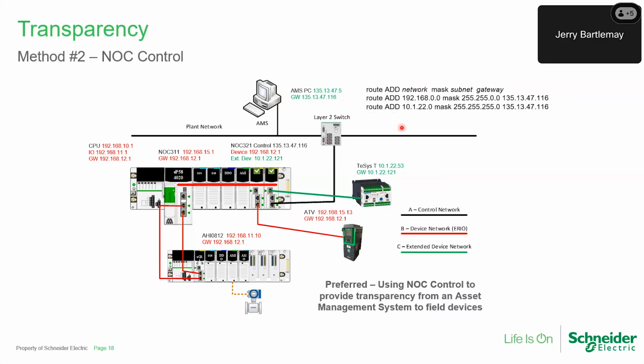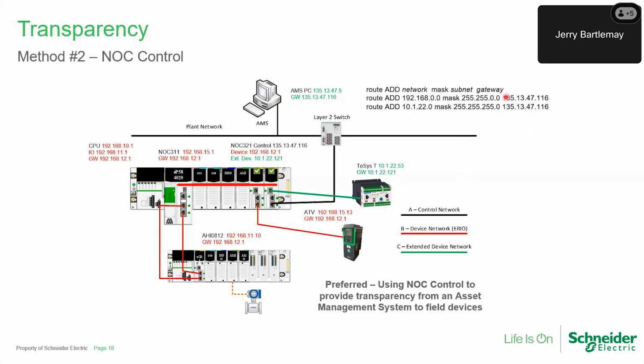and add these elements into a routing table in that PC. So it's route add, and then the subnet range that we want. So 192.168.0.0 is the subnet range for our remote I/O system. Okay? In this case, the device network. And then we add one, the 10.1.22, with a subnet mask that's appropriate for our extended device network, where this TSYS-T lives.